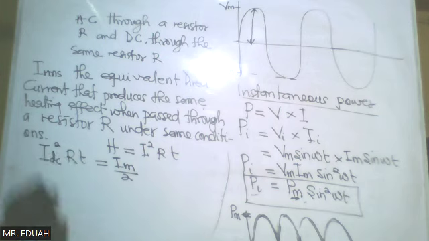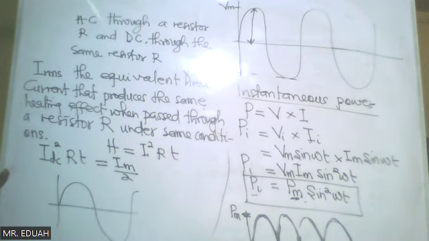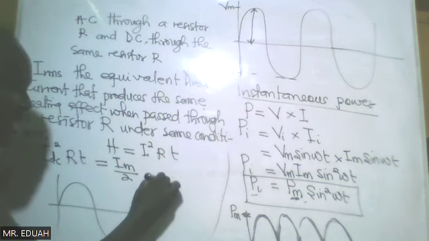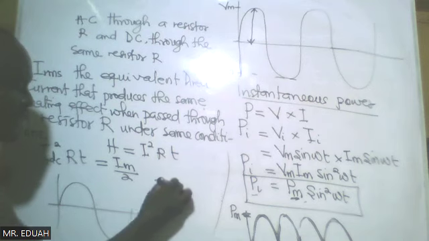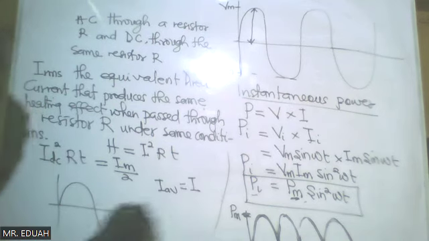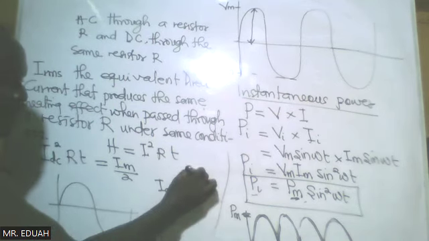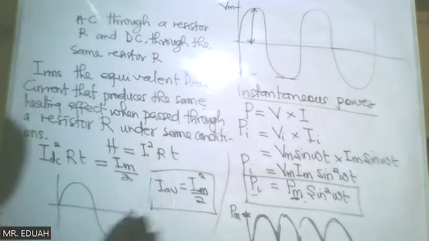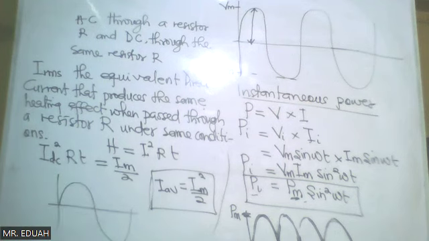Okay, if you pass alternating current through a resistor, and over one cycle, the average current is given by the peak IM squared over 2. I'm just giving you this. You are not proving this. We can prove it, but what you need is the formula.